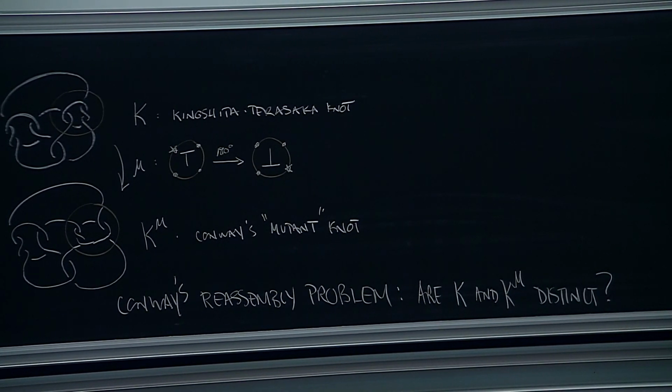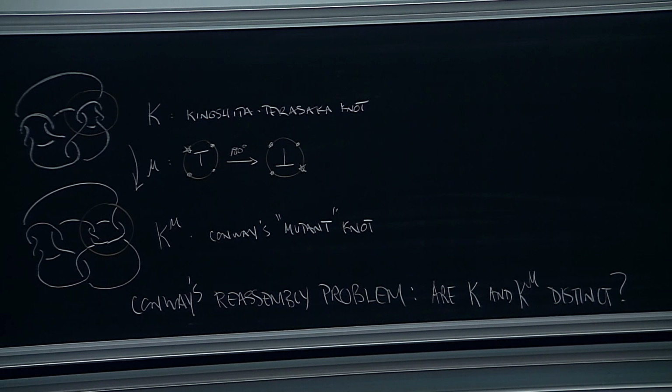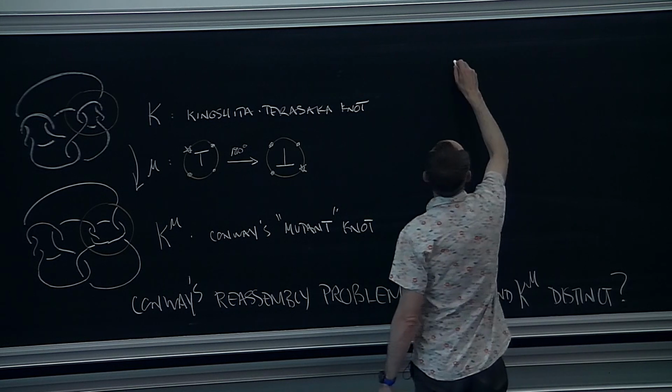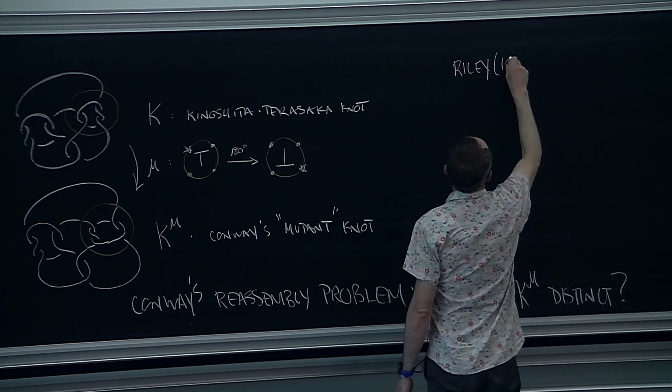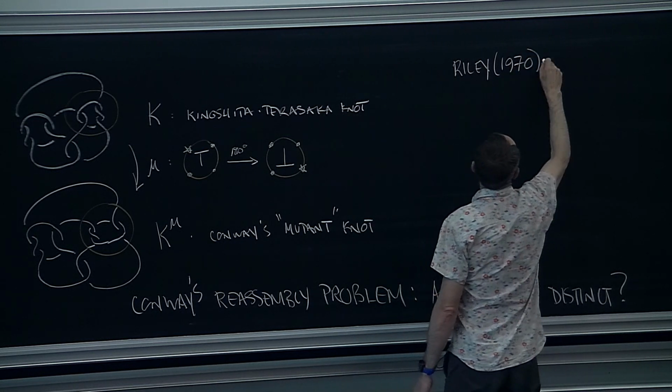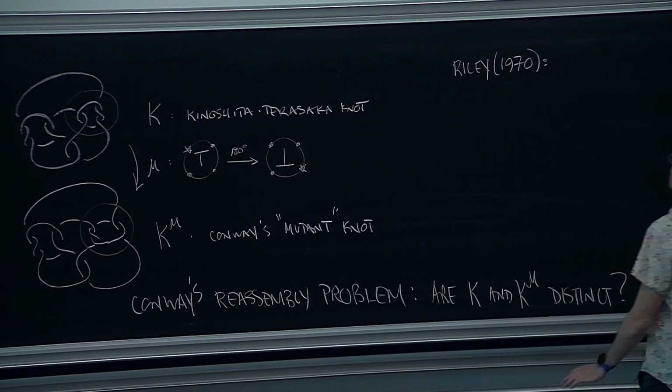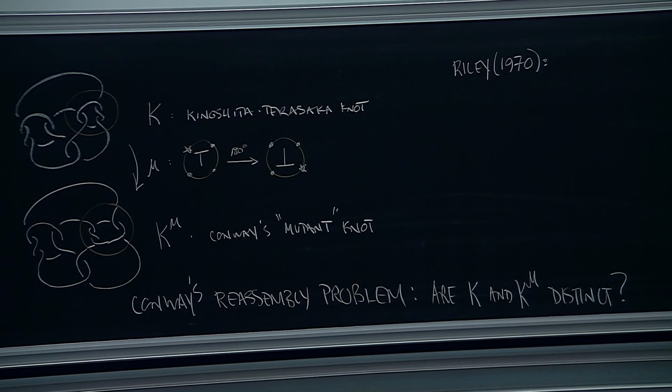And what's, I think, pretty about this question is that it's really difficult to answer. So I believe about 1970, the Conway's paper appears after this, but the work was done before.